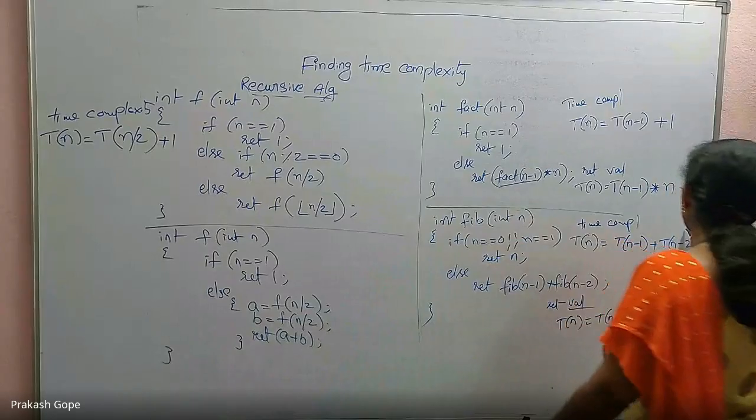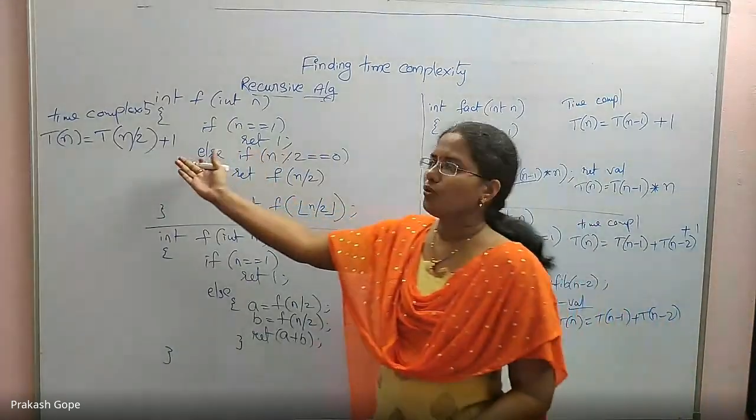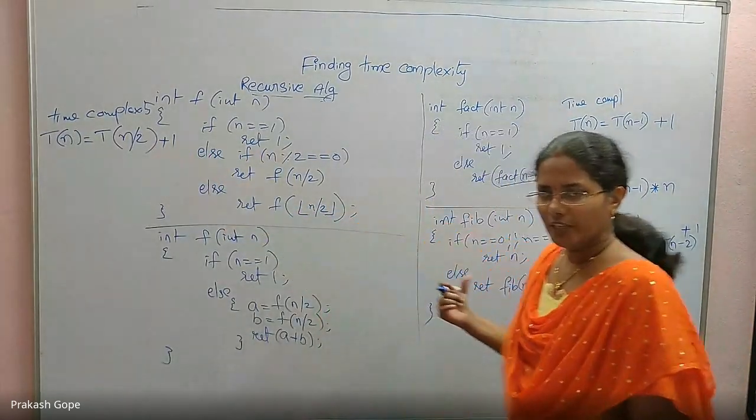Ma'am, for the previous one, why didn't you add plus 1 while calculating that? For the return statement and all, why didn't we add plus 1, ma'am? You can, no problem. Plus 1 doesn't matter. Even there I can ignore plus 1, even here I can ignore plus 1.